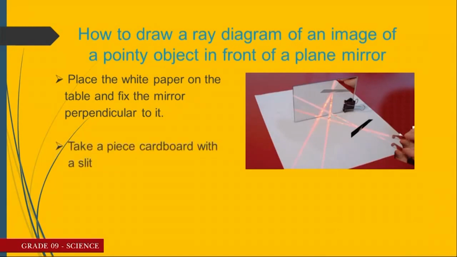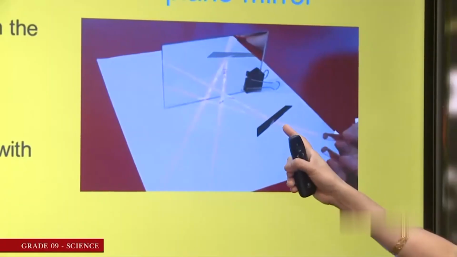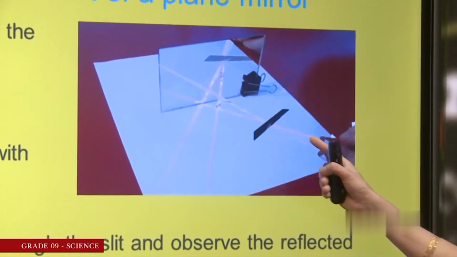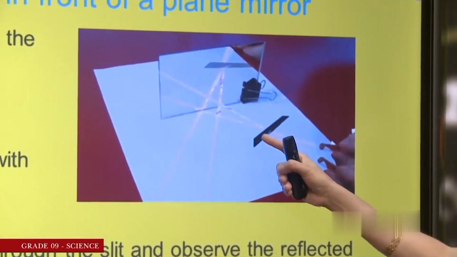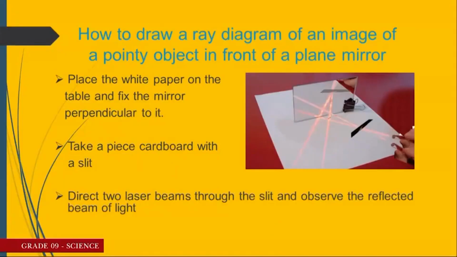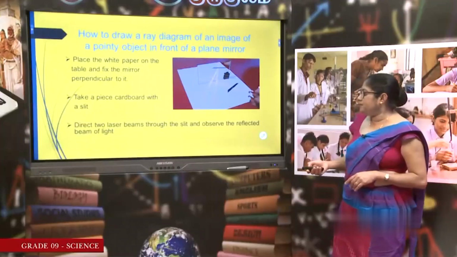Next, take a cardboard with a slit and direct two laser beams through the slit to the plane mirror. So, you can see the incident light rays and the light rays that are reflected from the plane mirror.